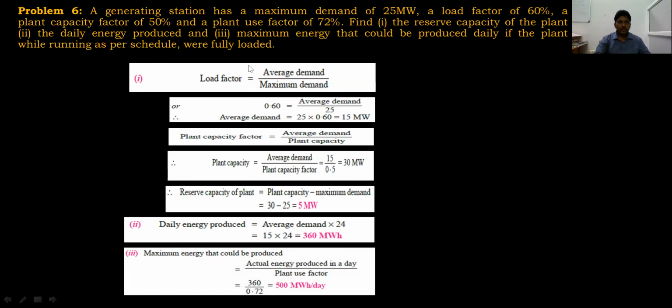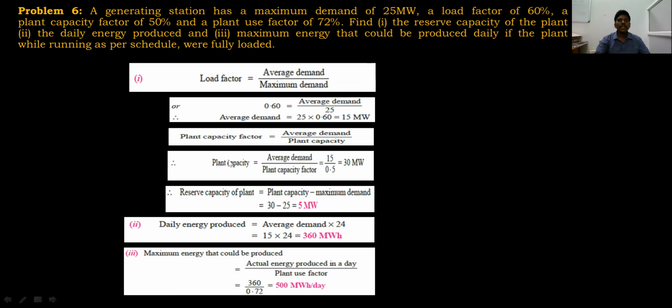For this, plant use factor is given. Plant use factor is equal to the number of units generated divided by plant capacity into number of hours of use of the plant. The question asks for the maximum energy that could be produced daily if the plant is running as per schedule, so we have to include the number of hours of use. That's why I am using plant use factor here.